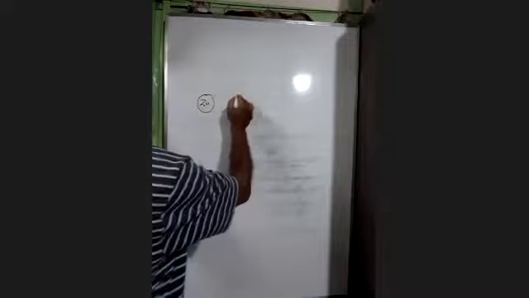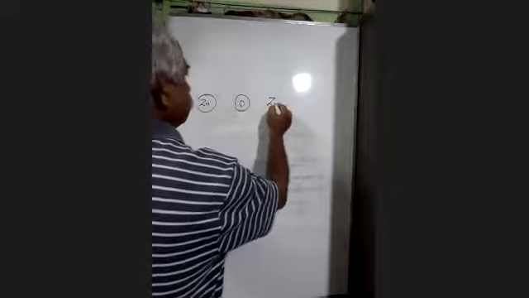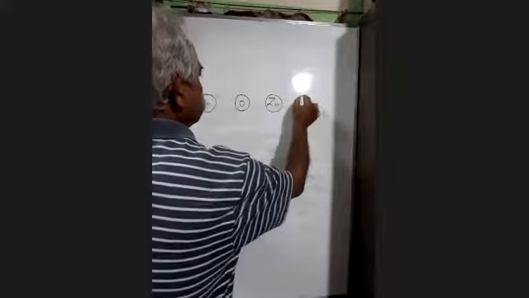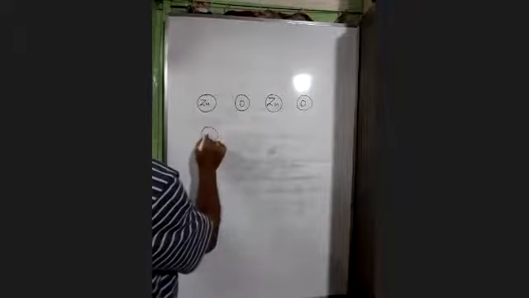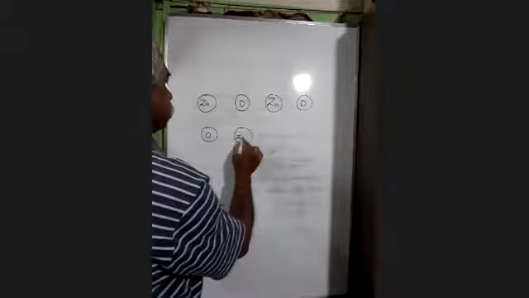Okay, see. So I'm taking now a zinc oxide crystal. What is the valency of zinc? Sir, 2. Okay.